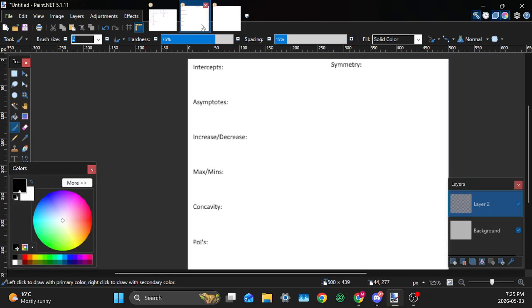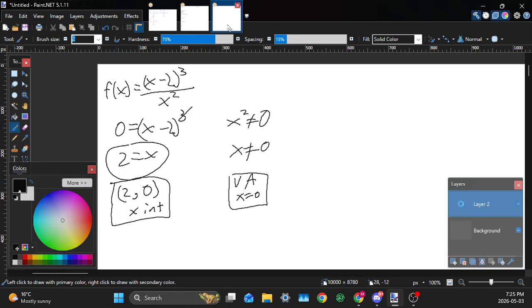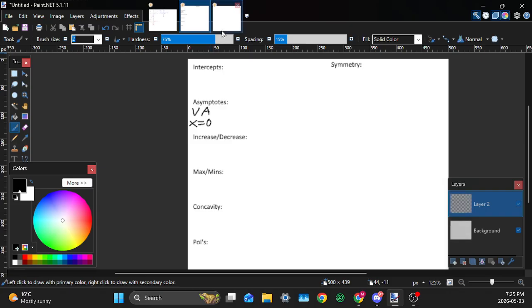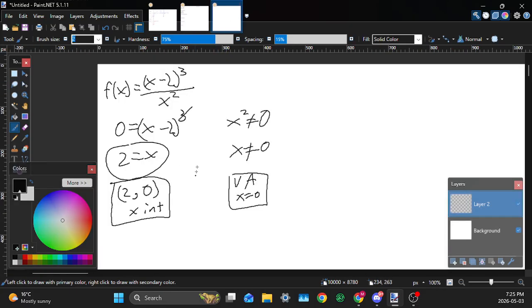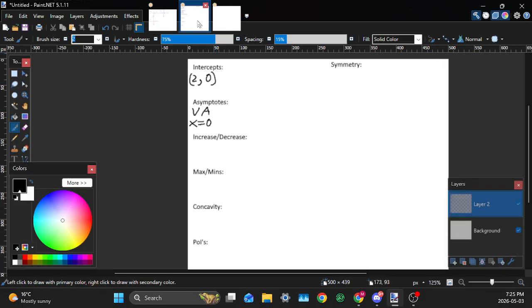So we can go back and write these down. And there is no y-intercept because when we test for the y-intercept, 0 is in the denominator, so that's impossible.